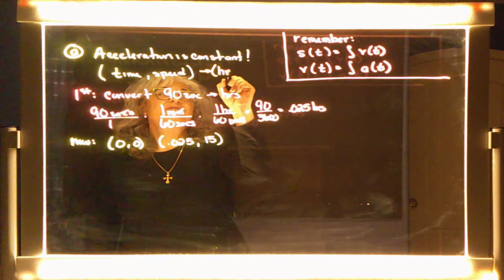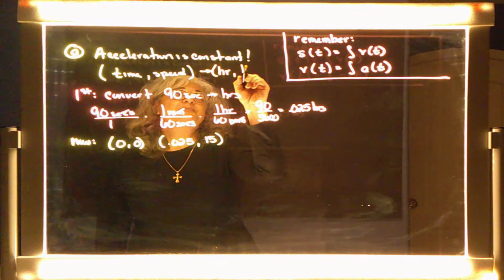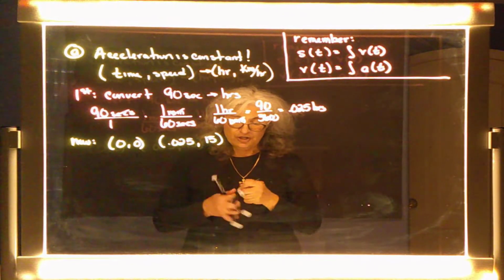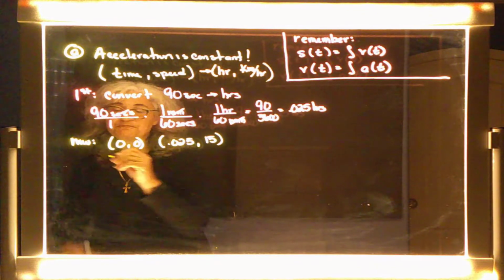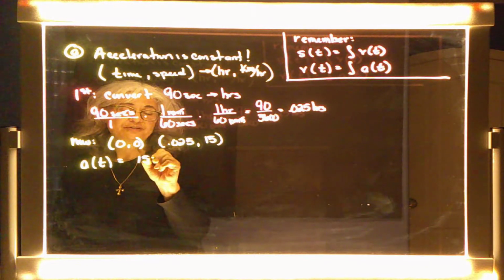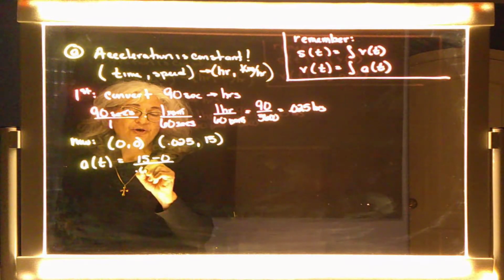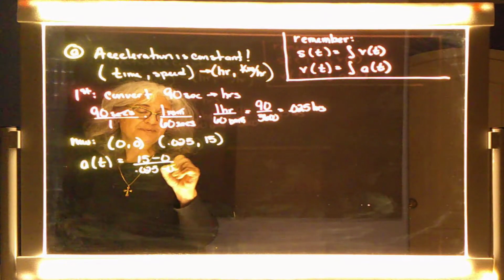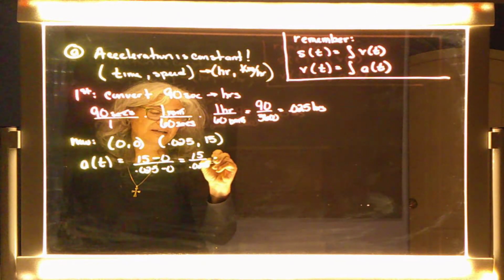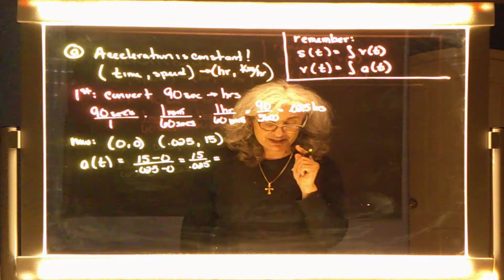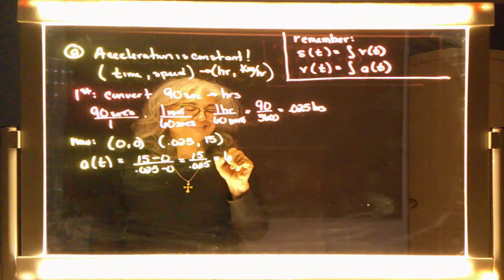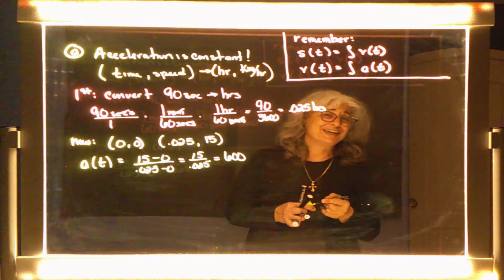Time is in hours, speed is in kilometers per hour. Okay, so as I find the acceleration with respect to time, looks like I'm doing 15 minus 0 over 0.025 minus 0, which is 15 over 0.025, which my handy dandy cheat sheet tells me 600. Did you get that?